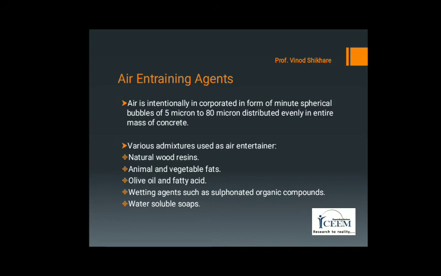The factors are quantity of air entraining admixtures, type of admixtures, water cement ratio, aggregates and its types, and the grading of aggregate. Then mixing time, temperature, type of cement, influence of compaction, and admixtures other than air entraining agents.